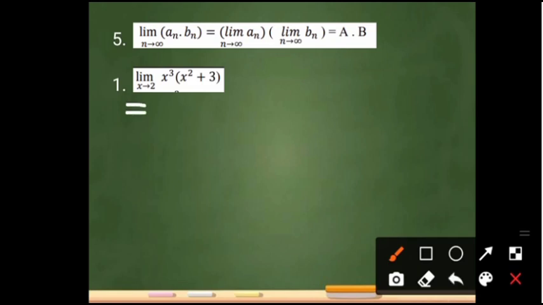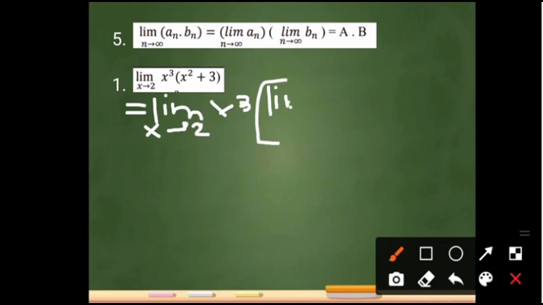Our limit a_n is limit x cubed as x approaches 2, times our limit b_n, which is limit x squared plus 3 as x approaches 2.